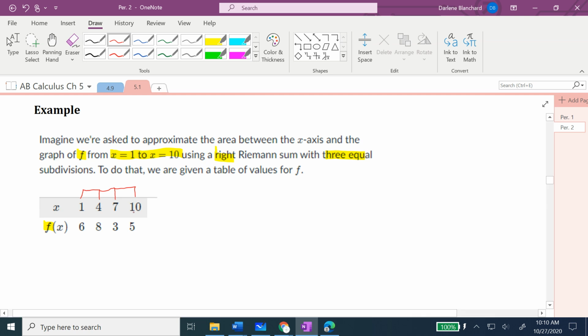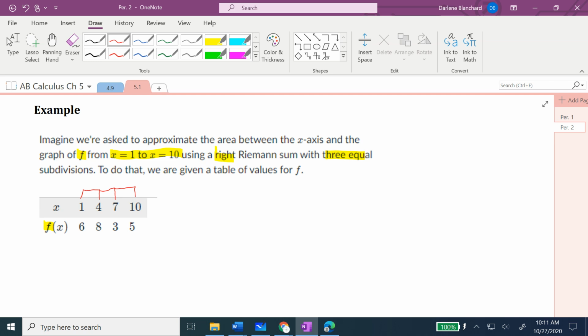If these numbers, 1, 4, 7, and 10, were not equidistant, and they asked you to create 3 subdivisions, would you realize that out of those 4 numbers, 3 subdivisions is purely just from one to the next? There's no other option there. So there's enough information to figure out what they're referring to.